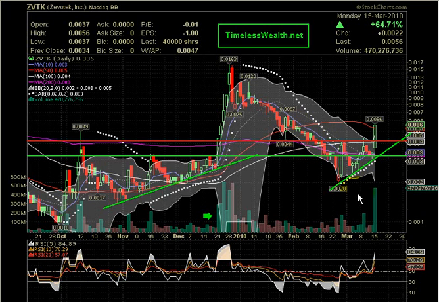And once more we saw a technical pattern very similar to this period right here, where the price rallied substantially from what looks like the .003 area where the true breakout occurred to the .0163 area, which in turn represents quite a favorable return on investment, especially if you're a swing or a day trader.